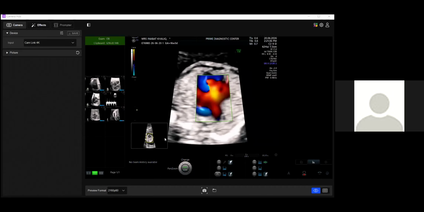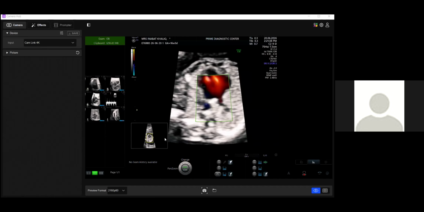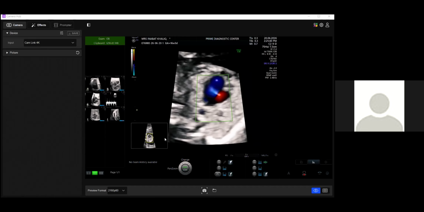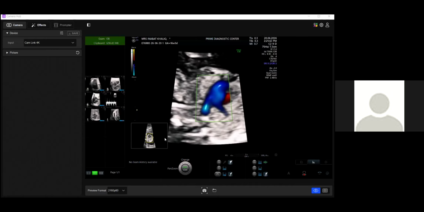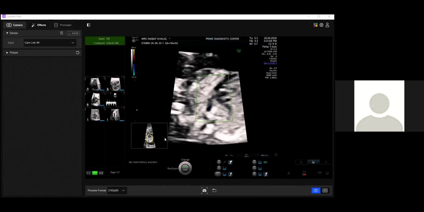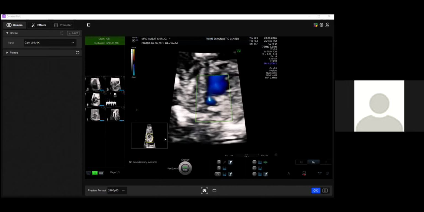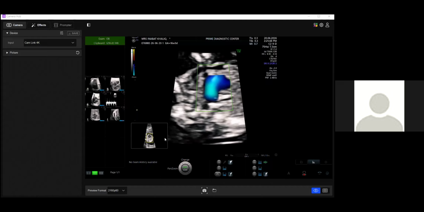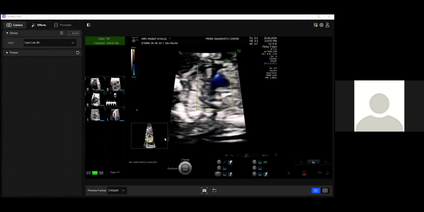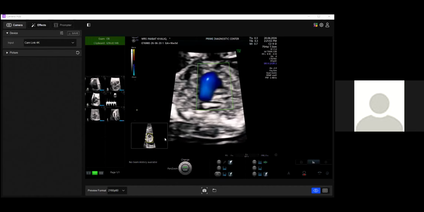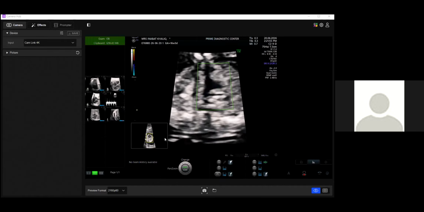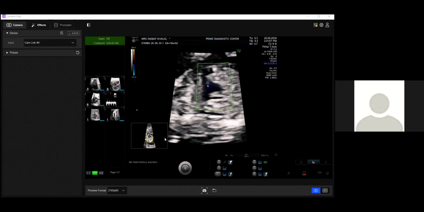So not a very big problem. You go and increase the Nyquist limit. You go and see the RVOT view, and you see the pulmonary artery bifurcating. Great. And then we go a little more cranial to get a 3-vessel trachea view. And then you get this trachea and 2 vessels.